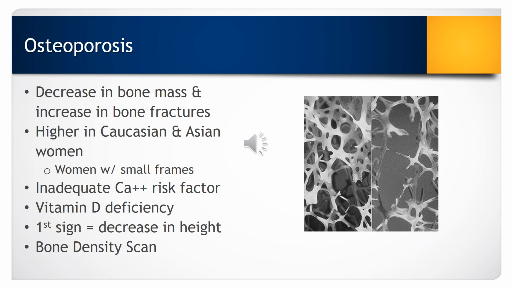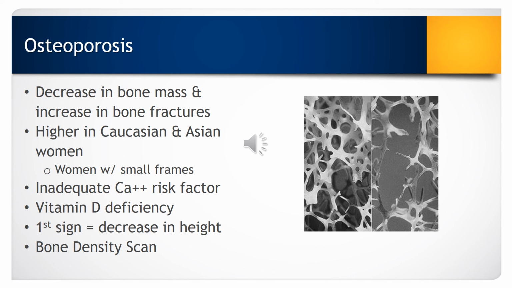A bone density scan, or DEXA scan, done by the provider is kind of like an X-ray where you take a picture of the bones and see how the bone mass looks.